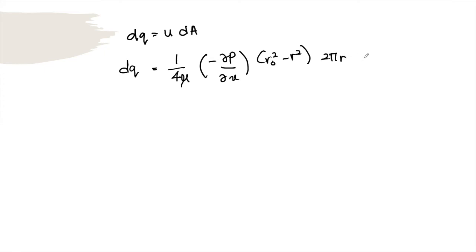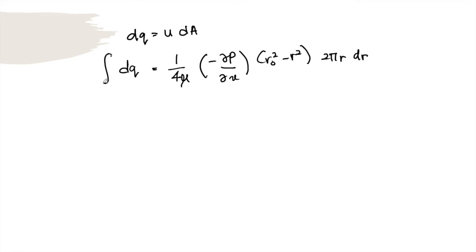So dQ equals 1 over 4 mu, negative del p over del x, times R naught square minus r square. This is the equation. And then dA is 2 pi r dr. So now we have to integrate this equation.